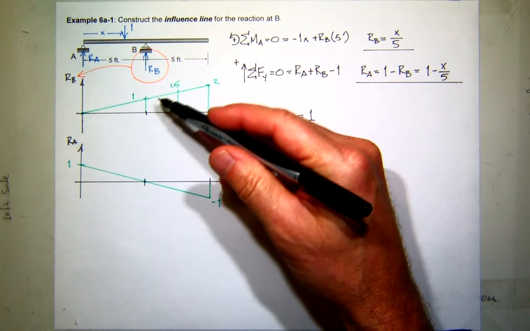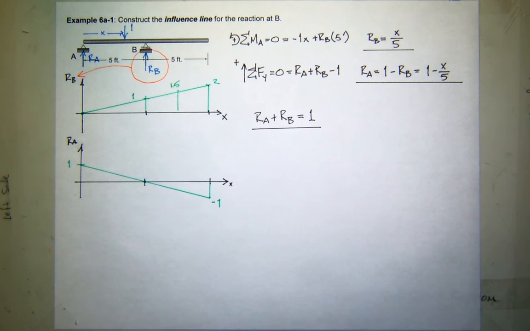If I add these two curves at every point, I should get 1. You guys following this? Okay. Any questions before we move on? That's a pretty easy one, actually. All right. That took a whopping 8 minutes.